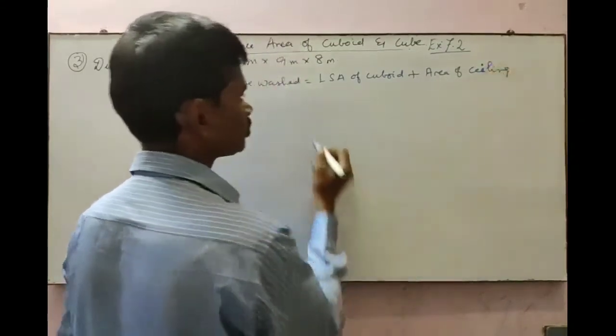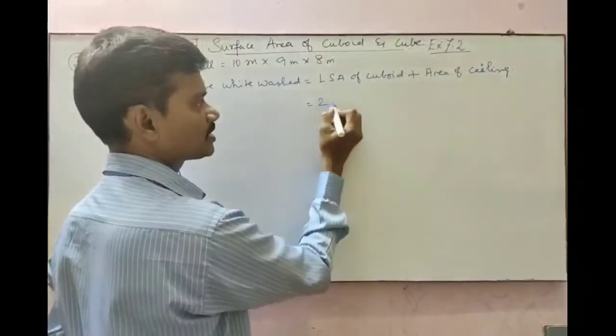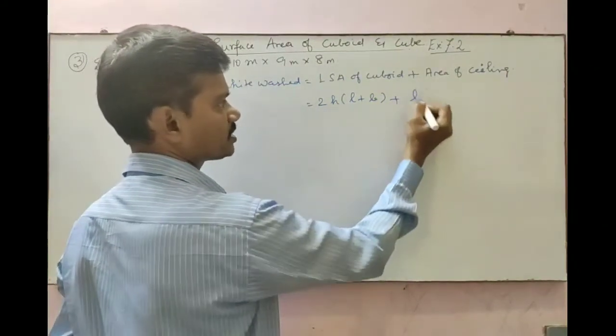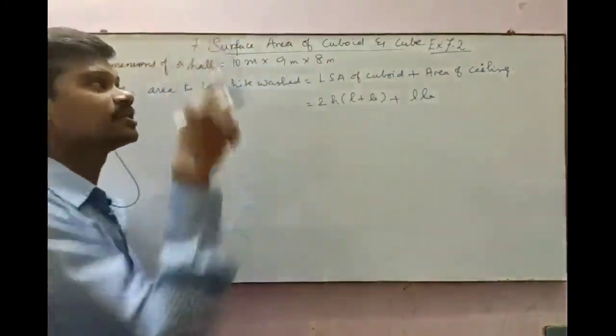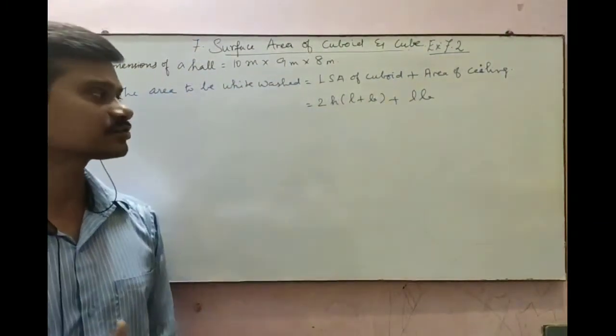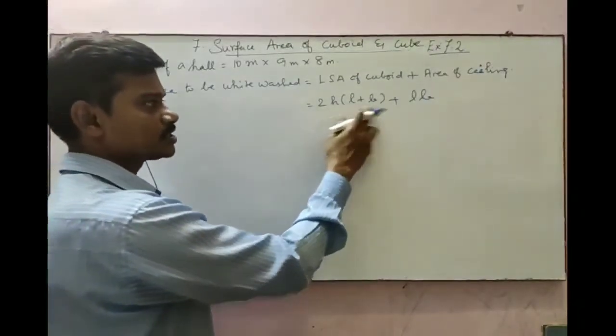The ceiling is L into B. Here the formula for LSA is 2H into (L plus B), and the area of the ceiling is length into breadth. The 4 walls come under the LSA of cuboid. For that the formula is 2H into (L plus B).